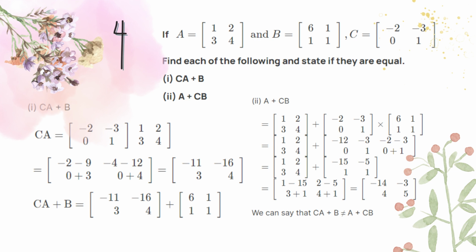So the answer will be 1, 2, 3, 4 plus -15, -5, 1, 1. That is 1 - 15, 2 - 5, 3 + 1, 4 + 1, which is -14, -3, 4 and 5. We can say that CA plus B is not equal to A plus CB.